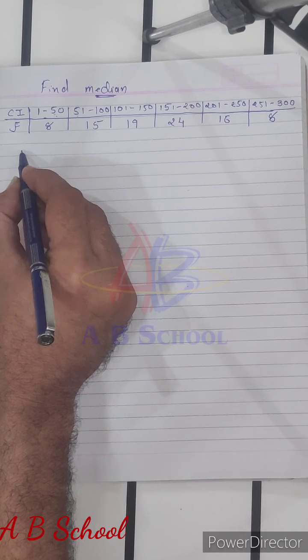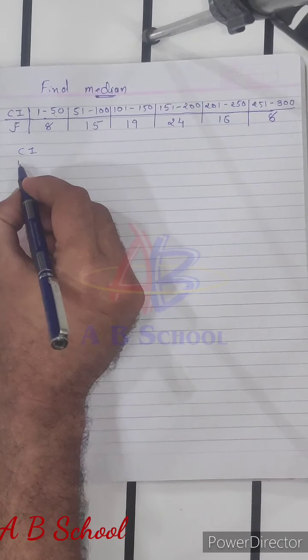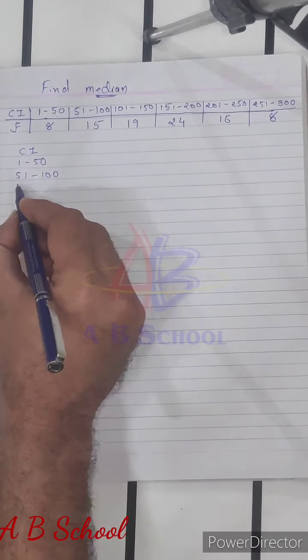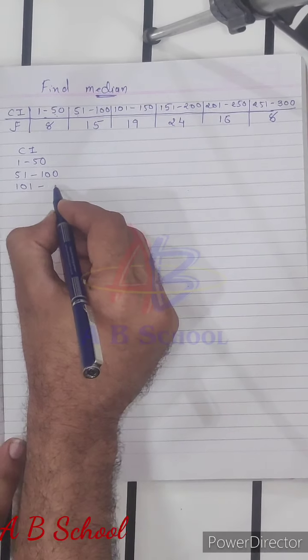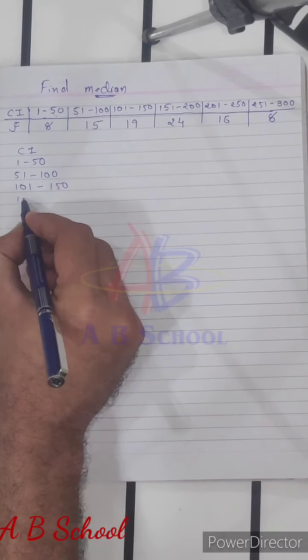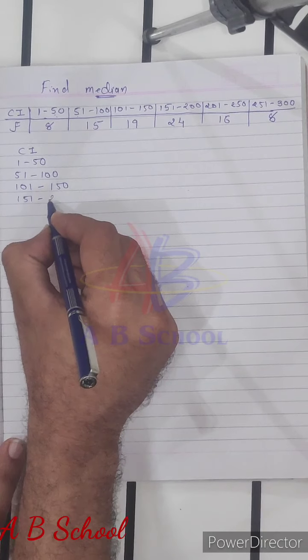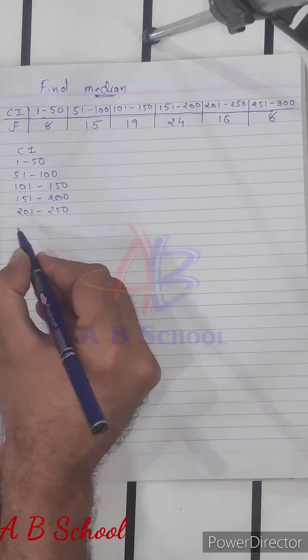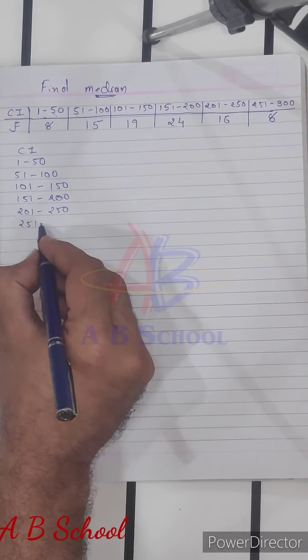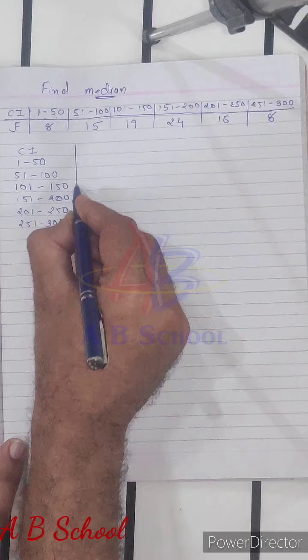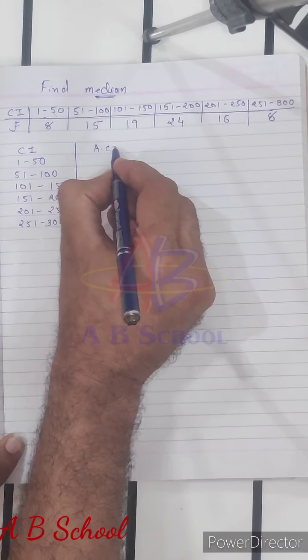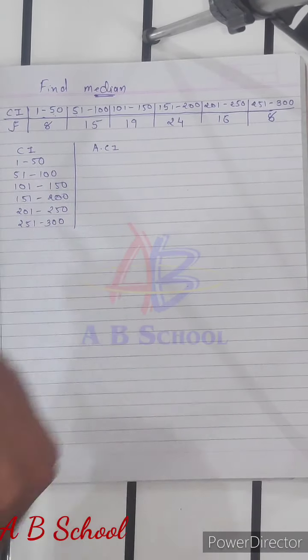Let me write the given class intervals first: 1 to 50, 51 to 100, 101 to 150, 151 to 200, 201 to 250, 251 to 300. This is my class interval. I need to go for the actual class interval because here 50, 51 are not the same.